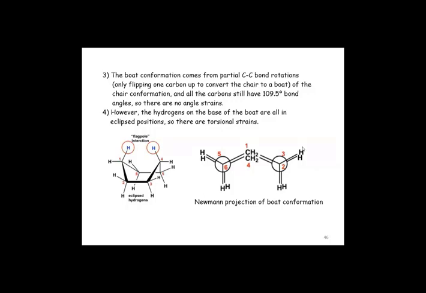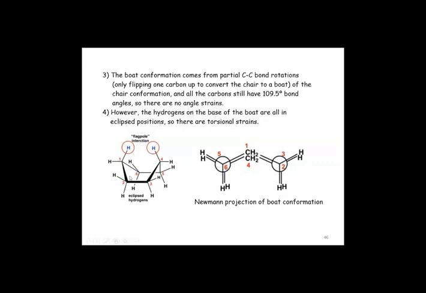So there is no question of angle strain in the boat conformation. However, the hydrogens on the base of the boat are all in eclipsed position. As a result, there are torsional strains.